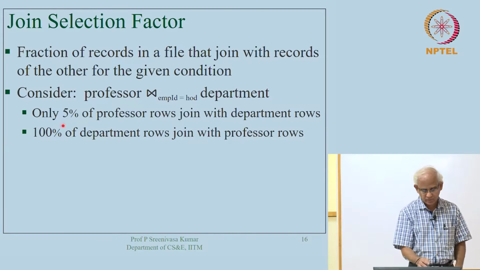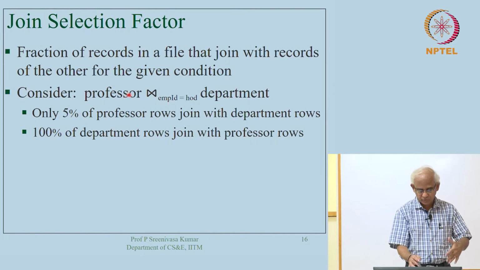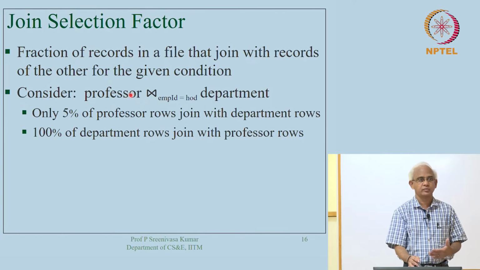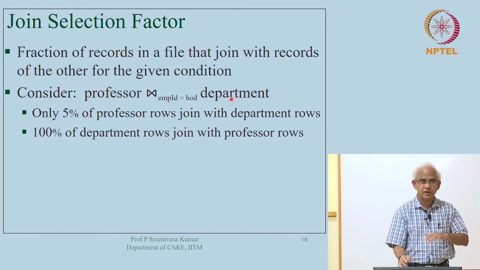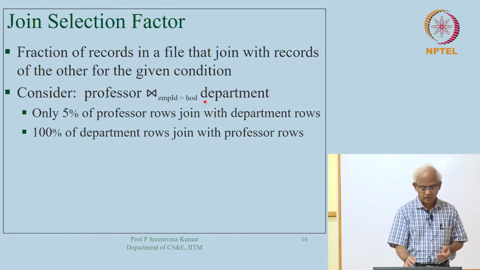Now you can see that from the domain we have some information about this equijoin. Every department has to have a HOD and that has to be a professor, and every professor need not be a HOD of some department.